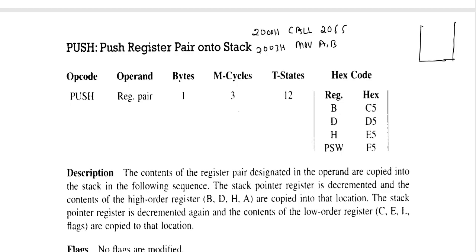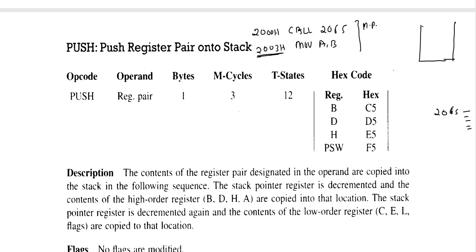Whenever we call a subroutine having the location 2065, it will store the address of the next instruction of the main program onto the stack.